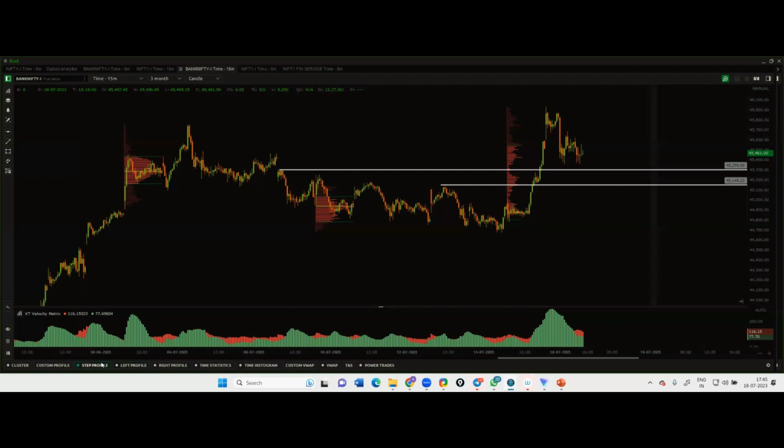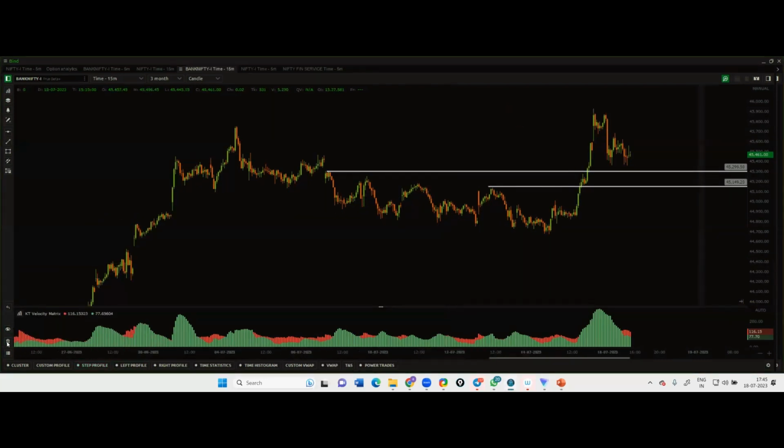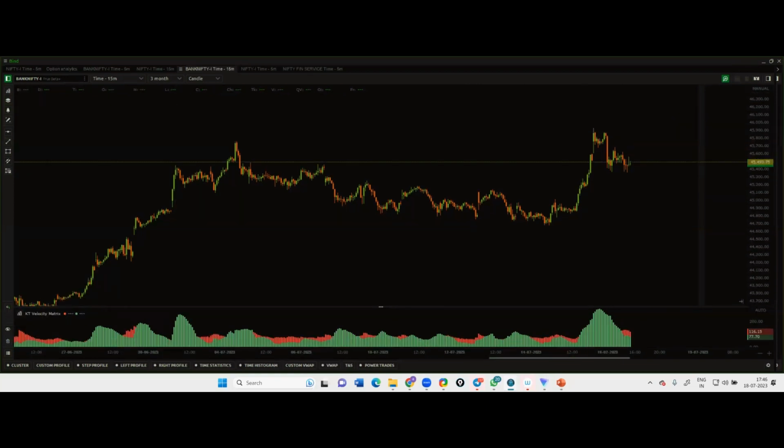Now, one alternate way of identifying, this is something that I also shared on Twitter yesterday, is talking about the concept of trapped traders.